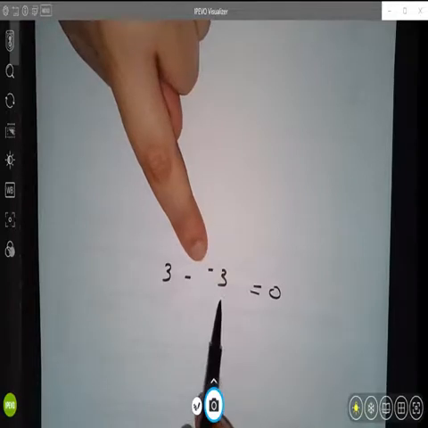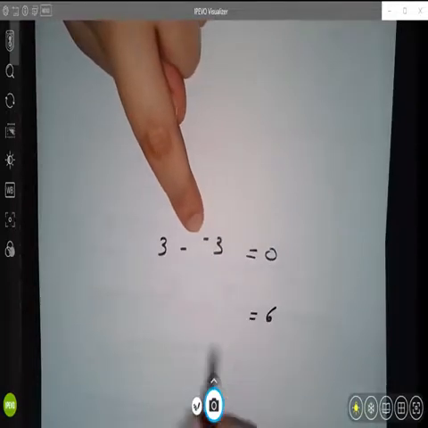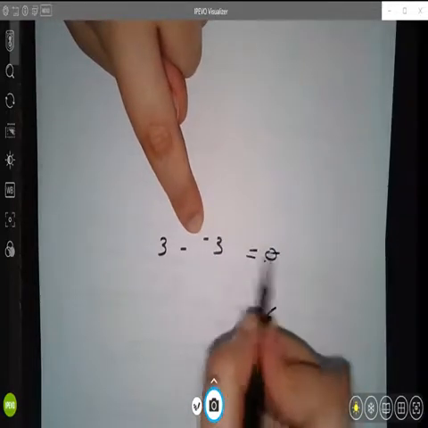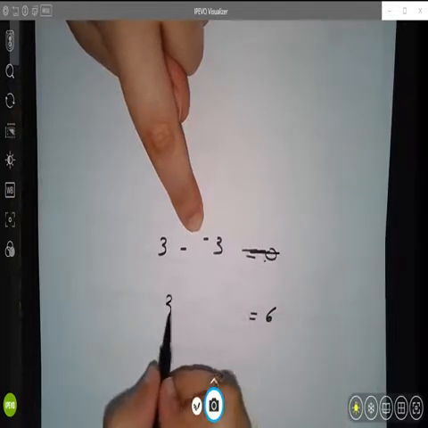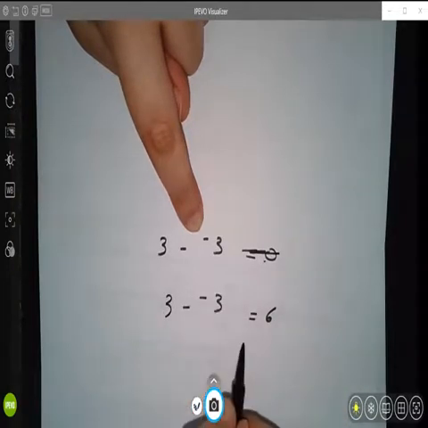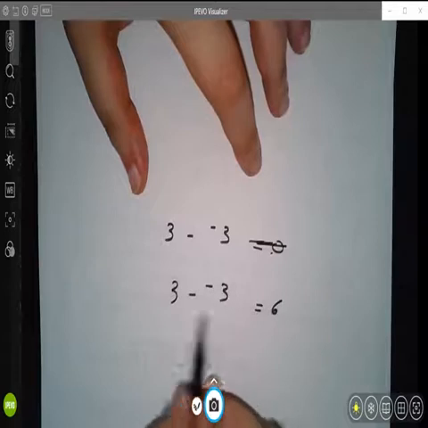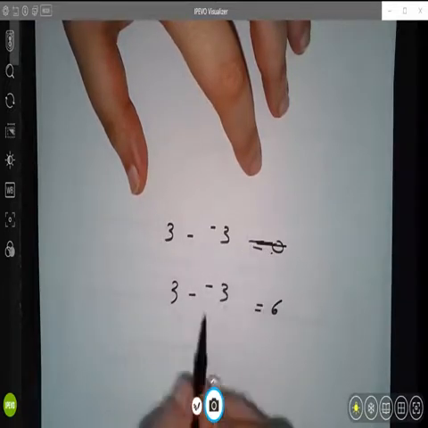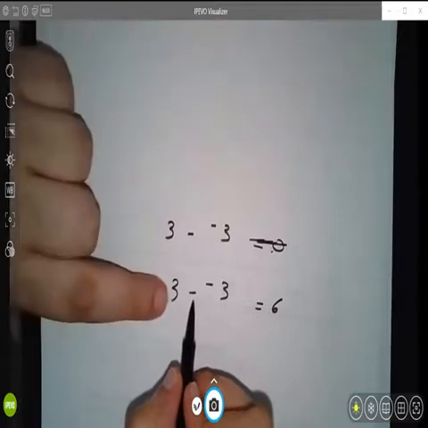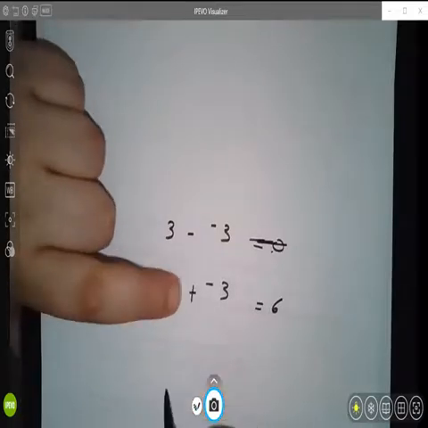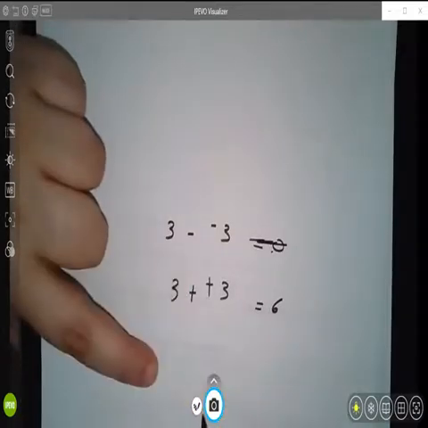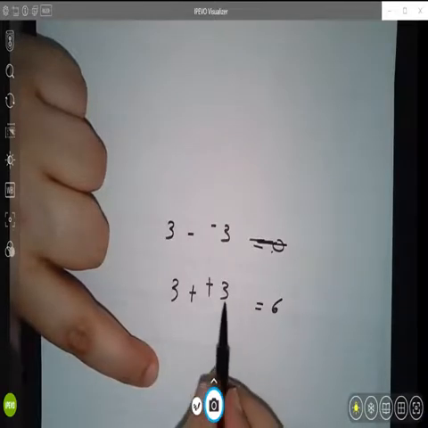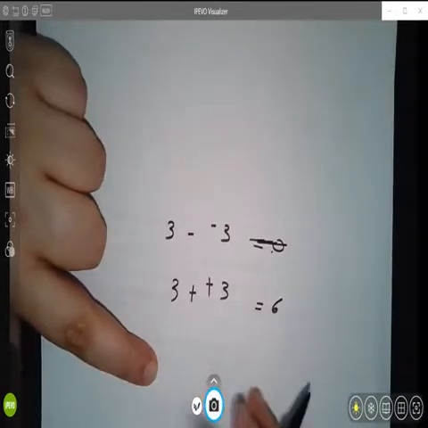But if you're subtracting a negative number, the answer is going to be 6. But because students see this and confuse it to be 0, whenever you see a subtraction sign, make it positive. But when you do that, you flip the sign that comes afterwards. So now they're both positive. And 3 plus 3 is 6.